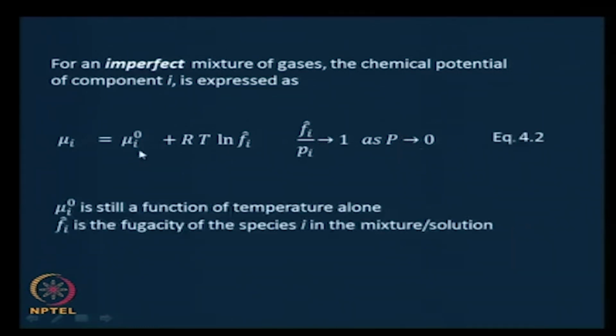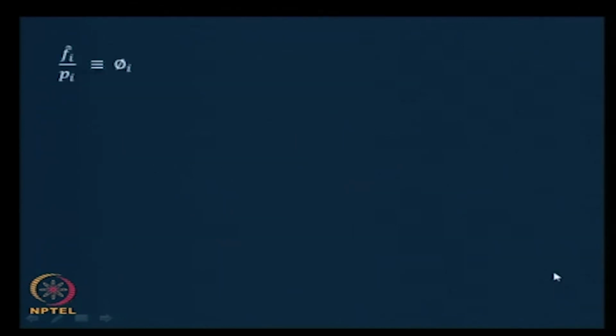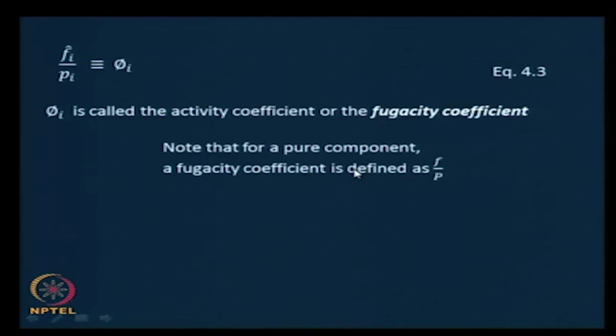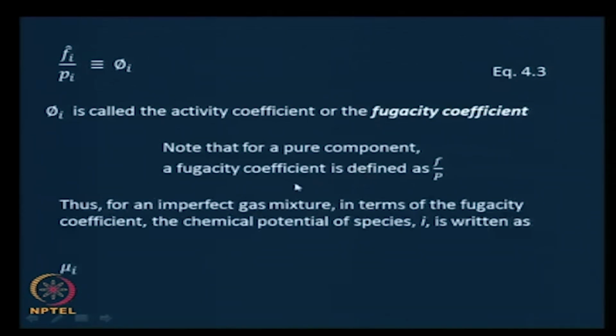Mu I naught is a function of temperature alone, and Fi hat by the partial pressure of I is defined as the fugacity coefficient of I. For an imperfect gas mixture, based on these definitions, you could write mu I equals mu I naught plus RT ln Phi Pi, which, if you expand Pi in terms of P and Yi, gives mu I naught plus RT ln Phi P Yi.